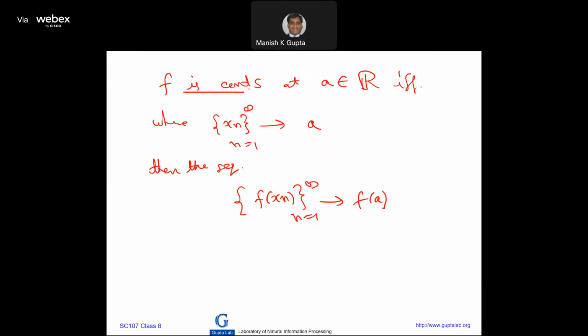This is a very useful result in proving continuity and discontinuity. You can use it as a tool to prove certain things. You can talk about continuity in terms of sequences.